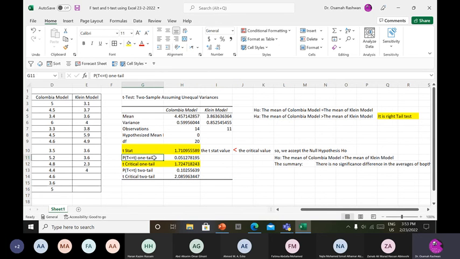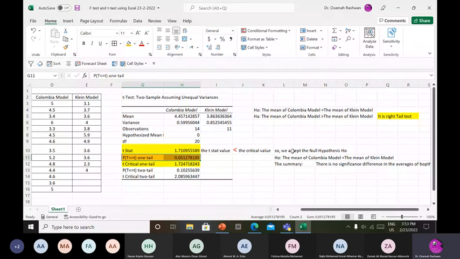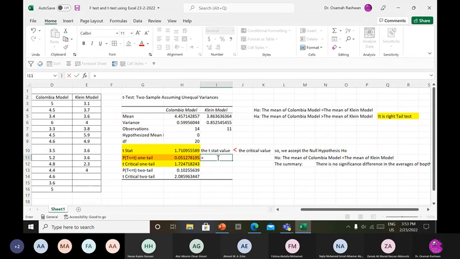Also, you can take the decision using the p-value, right? So you can go this way, or this will be, yes, you have 5%. This is bigger than 0.05, which is equal to the level of significance, right?